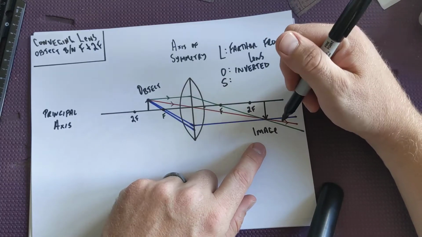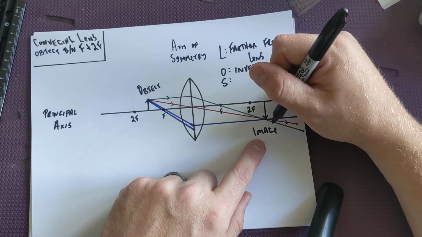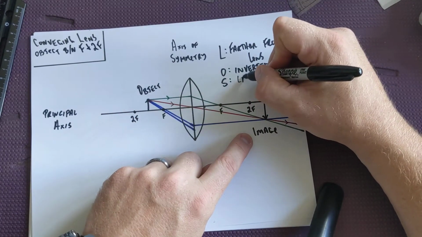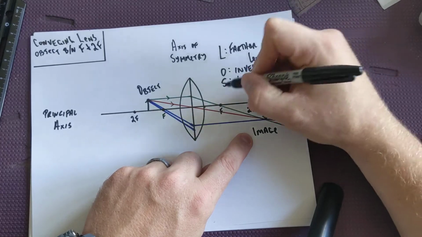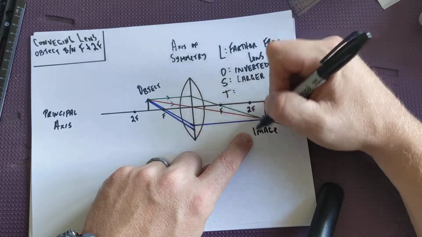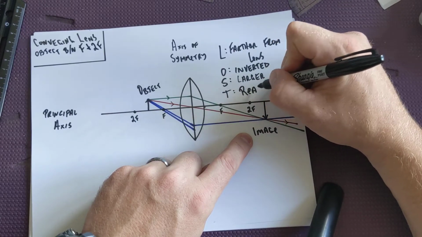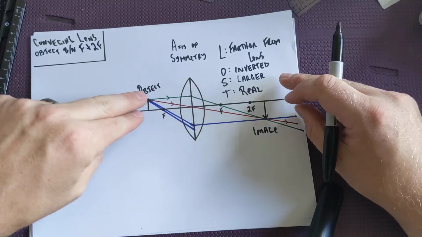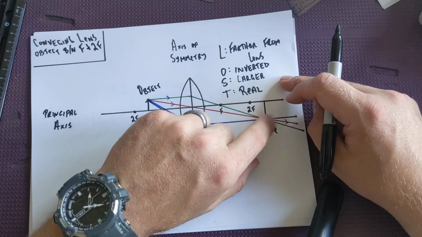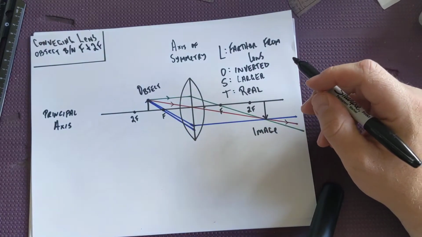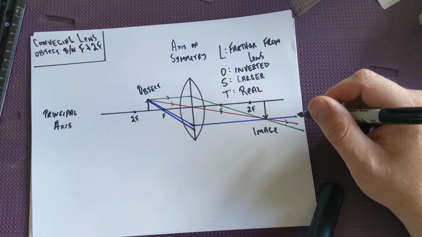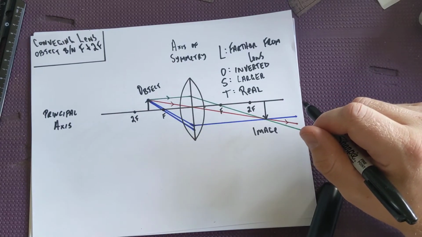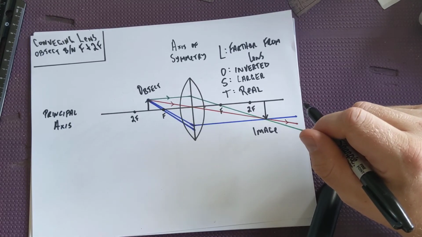The size of the image is larger than the object. And the type of image that's produced is a real image, because all the rays that leave the object intersect again to meet up where we have a real image. That's a ray diagram for a converging lens when the object is between f and 2f.